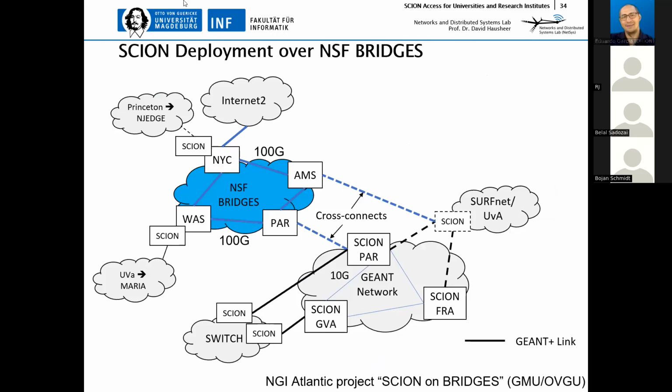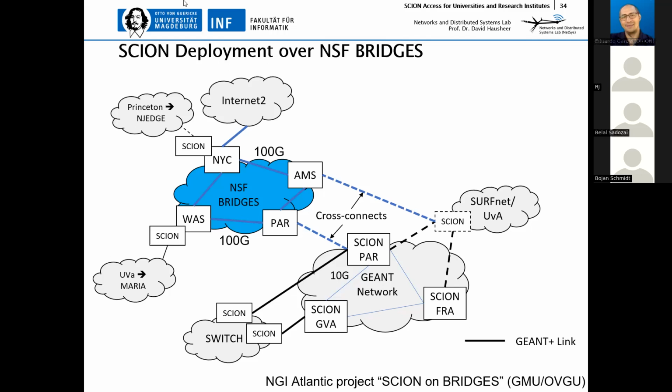And that's exactly the plan here with respect to NSF Bridges, an infrastructure that is funded by the National Science Foundation and offers two 100 gig links across the Atlantic, one between Washington and Paris and another one between New York and Amsterdam.